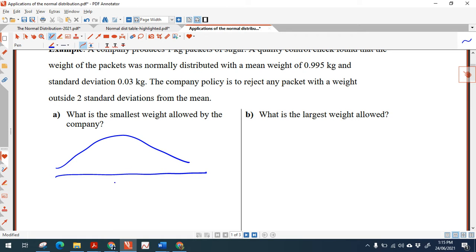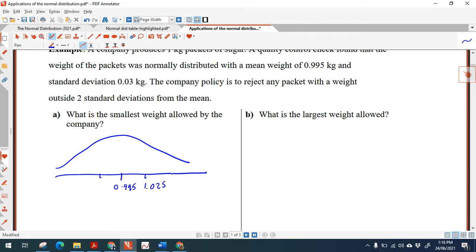And in the middle, we have the mean, which is 0.995. And then we have 1 standard deviation above and below the mean. So I'll put down, that'll be 1.025, right, because I'm just adding 0.03 and 0.995 together to get the 1 standard deviation above the mean.